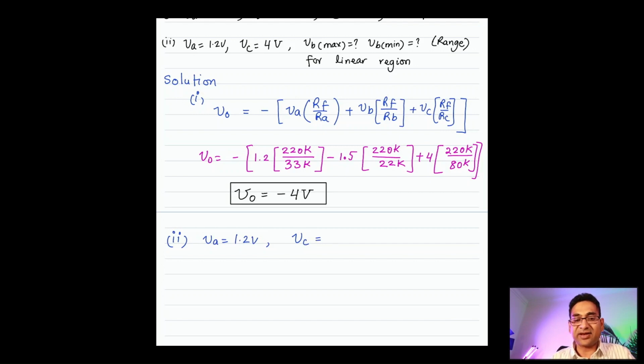VC is given to be 4 volts still. Now, we are supposed to find the VB range, meaning VB maximum and VB minimum, so that the op amp does not saturate.